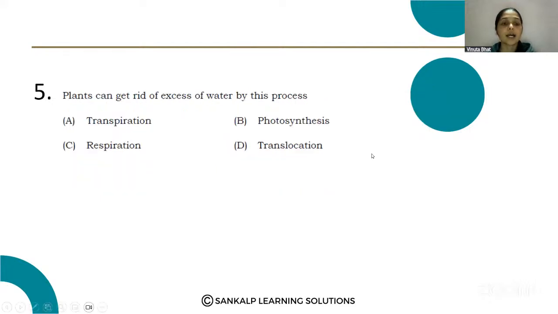Next question. Plants get rid of excess water by this process. Option A, transpiration. Option B, photosynthesis. Option C, respiration.